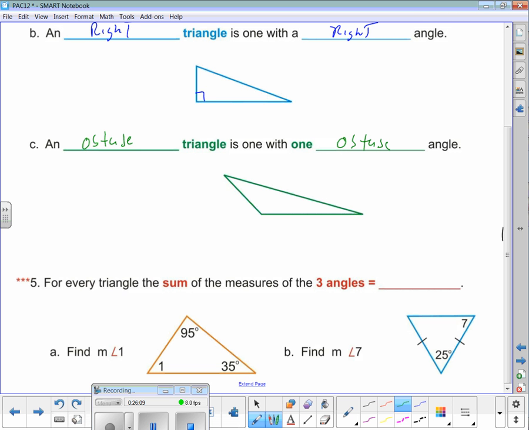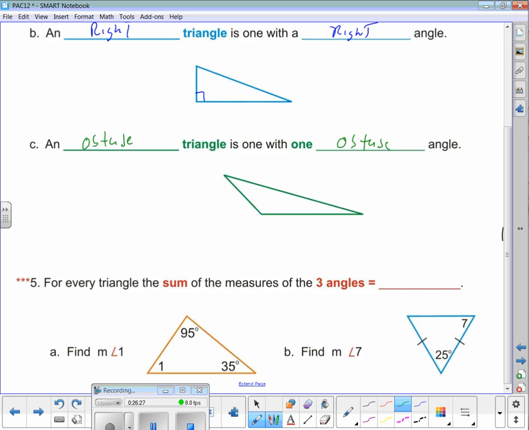Can you have two obtuse angles? No. You used up the 180. It's impossible. So acute has three acute angles, obtuse has one obtuse angle, right triangle has one right angle.